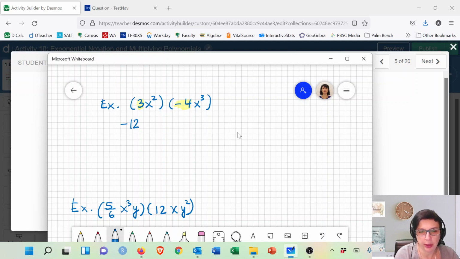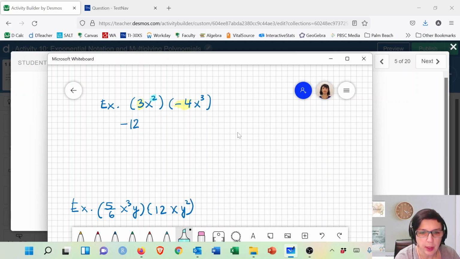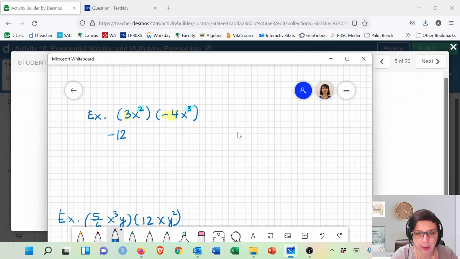Then I'm going to look at the x's. So what's happening with the x's? I've got x squared and x cubed, and I'm going to concentrate on just the powers. The rule of exponents that you should all have on your 3x5 index card is that if you have x to some power multiplied by x to some other power, we are adding the powers.